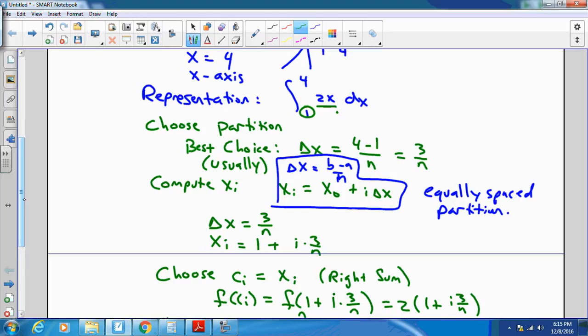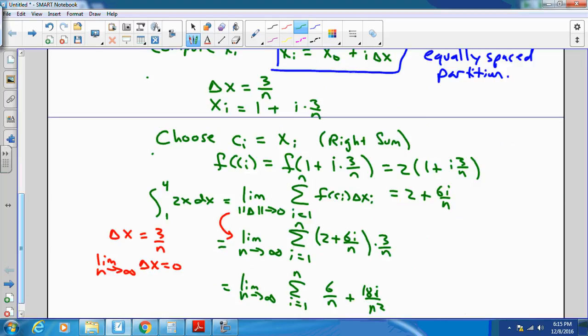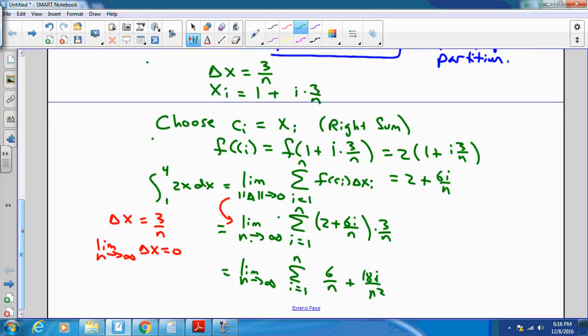So just to summarize everything that we've done, we began with a region, we represented its area as a definite integral, and then we evaluated that definite integral by writing it as the limit of a Riemann sum. First with a partition, then with a choice of c, then we set up that sum, and we employed the basic trick that the mesh size will go to 0 if we let the number of rectangles go to infinity.